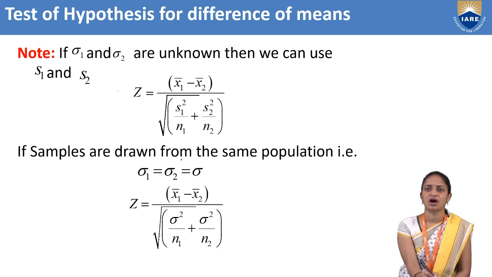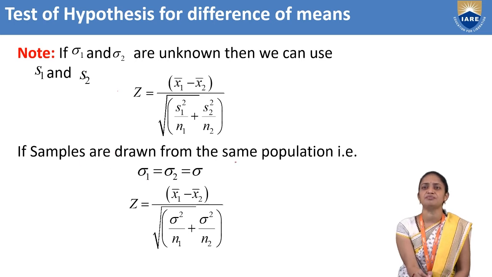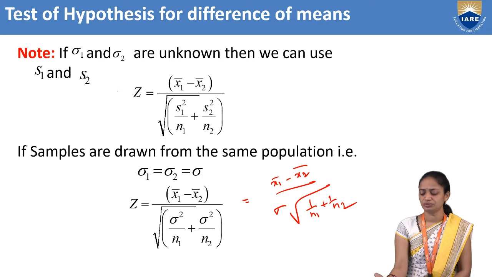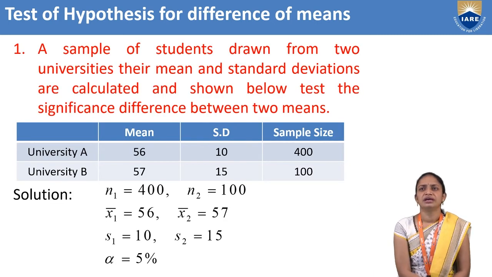If samples are drawn from the same population, sigma 1 equal to sigma 2 equal to sigma, then instead of sigma 1 and sigma 2 we put sigma, so z equal to x1 bar minus x2 bar divided by under root of sigma square by n1 plus sigma square by n2, or we can write x1 bar minus x2 bar divided by sigma into under root of 1 by n1 plus 1 by n2.